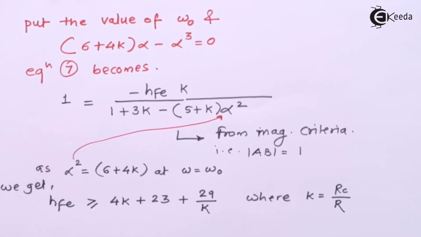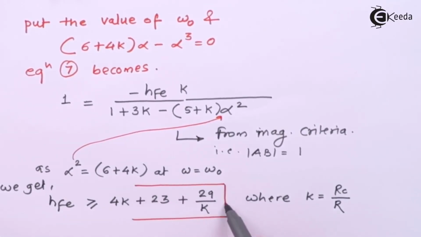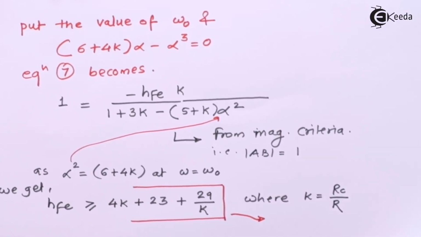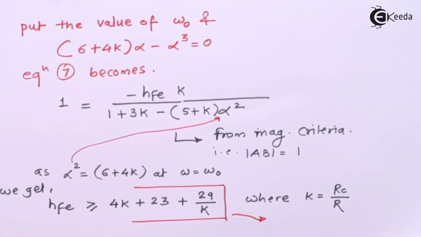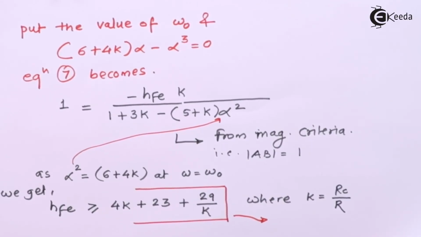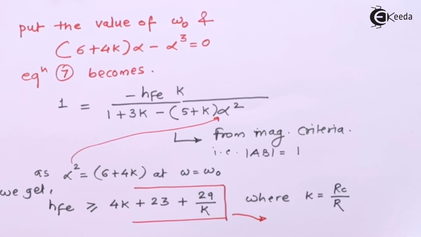That is the other criterion for the phase shift oscillator to have sustained oscillation, right? So HFE should be greater than 4K plus 23 plus 29 divided by K. Now we have to discuss what the minimum value of HFE should be.